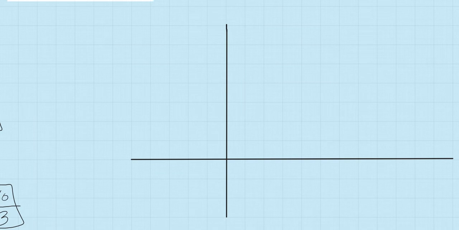So this is the x and y axis. This is positive x. This is positive y.